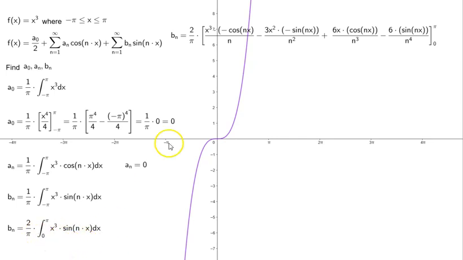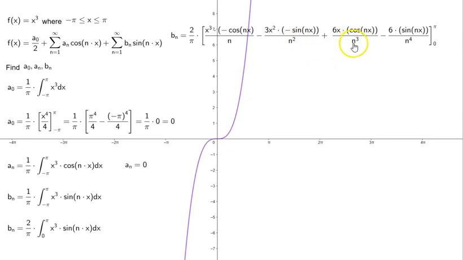So when we integrate this, we get bn is equal to 2 by pi times, remember integration by parts, which is what I'm doing here: x cube as it is times the integral of sine nx, that is minus cos nx by n, minus the derivative of x cube times the integral of minus cos nx, which is minus sine nx by n square, plus now the derivative, 3x square, which is 6x, times the integral of minus sine nx, which is cos nx by n.